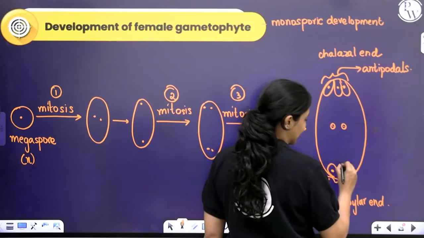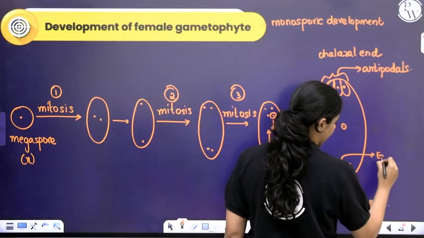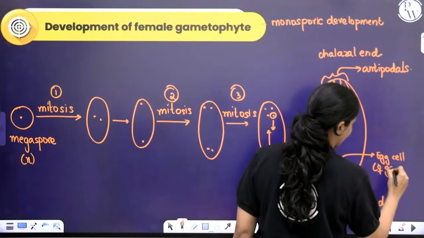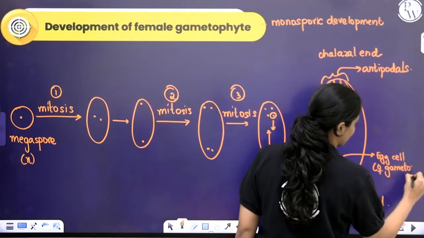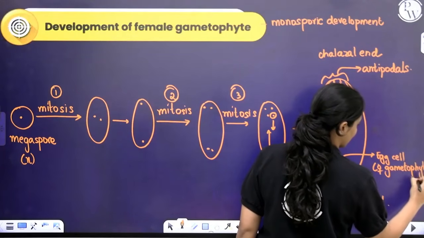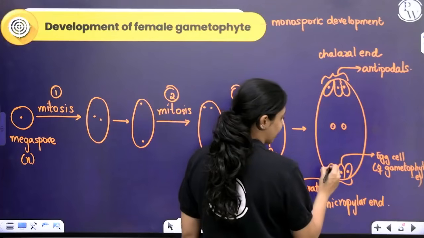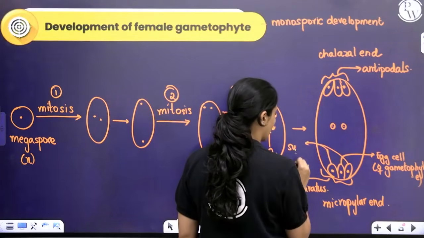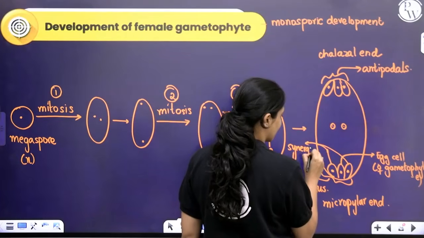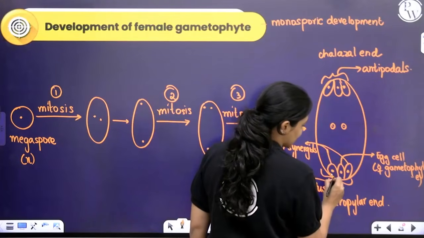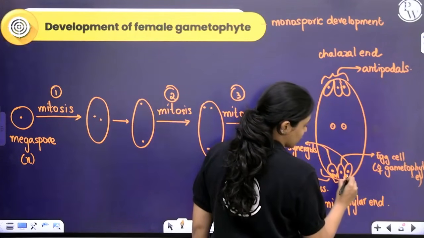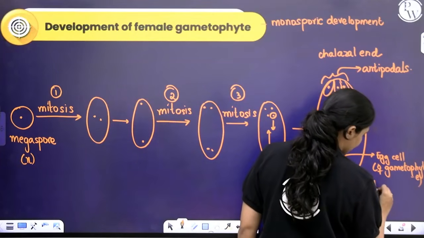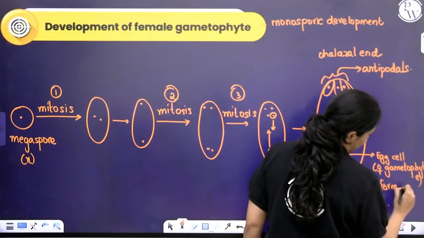The central cell in the egg apparatus is the egg cell, which is the female gamete. On either side of the egg cell, you have cells called synergids. Synergids have cellulosic thickenings towards the micropylar end that are called the filiform apparatus.